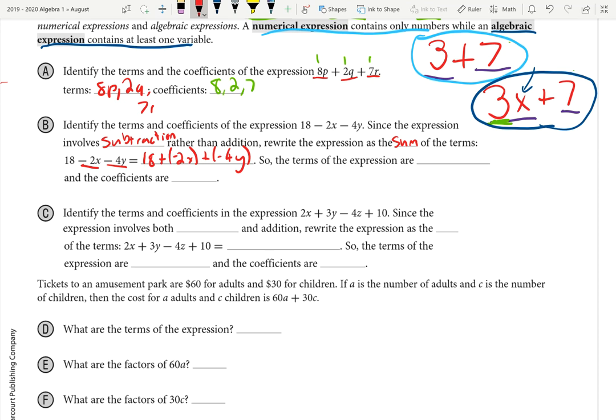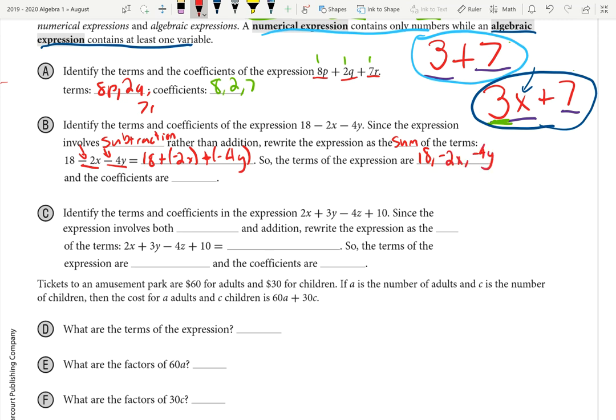So it's somewhat the same thing as just adding all 3 terms together, but I said earlier that if it is a minus sign, it's going to be considered a negative term. And you can see me doing that there, considering it a negative term, a negative 4y, a negative 2x. So the terms of the expression are 18, negative 2x, and negative 4y.